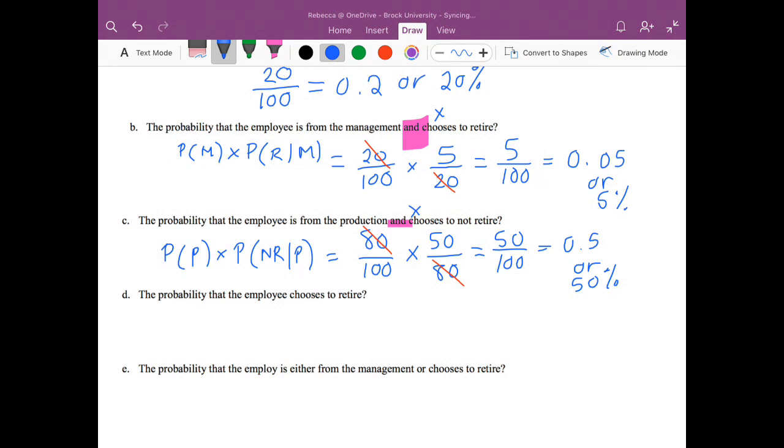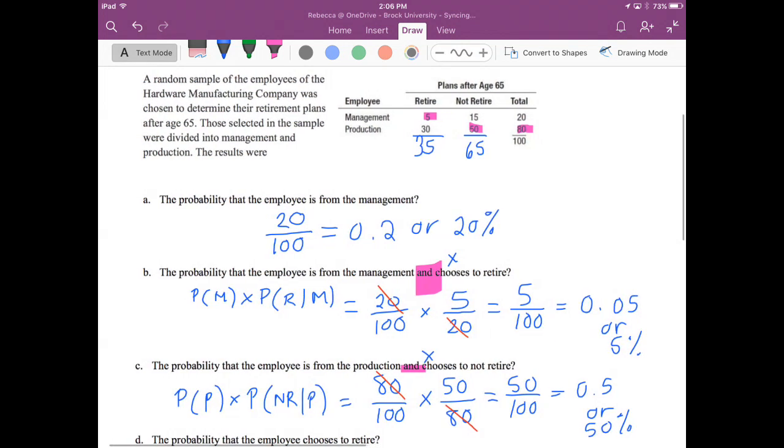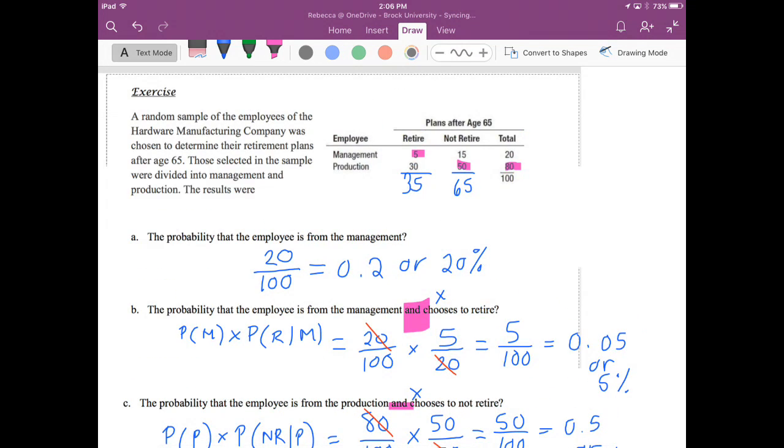So let's look at the probability that the employee chooses to retire. So we're going to go back up to our table here. Remember I had you do the totals, and this is why. So the probability that the employee is going to choose to retire is this 35 total here.